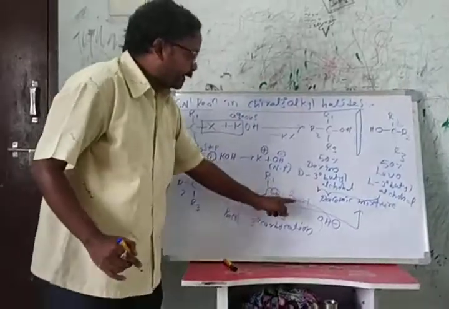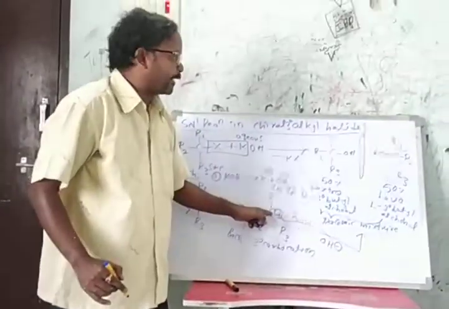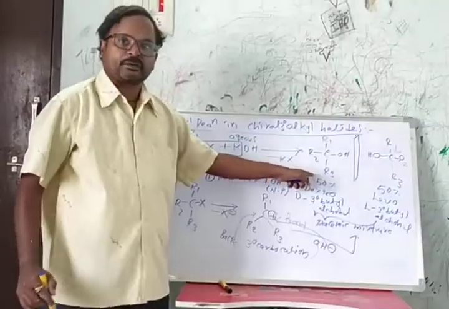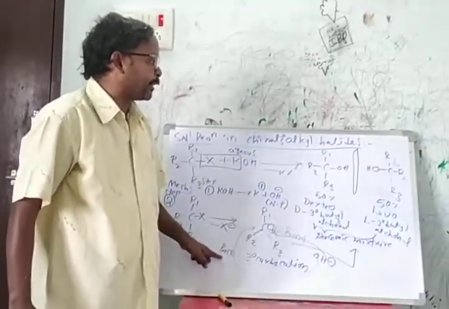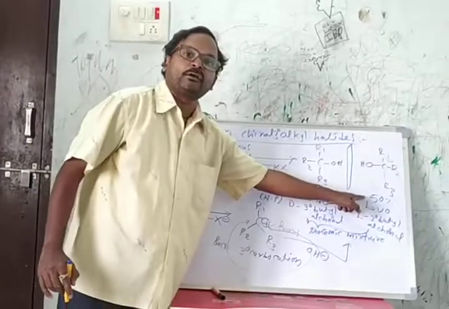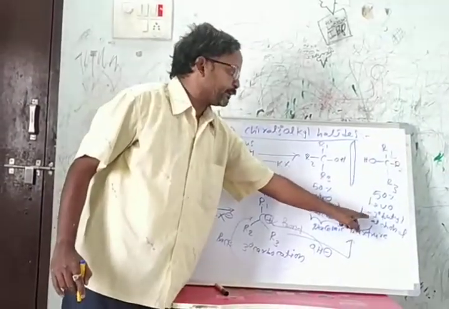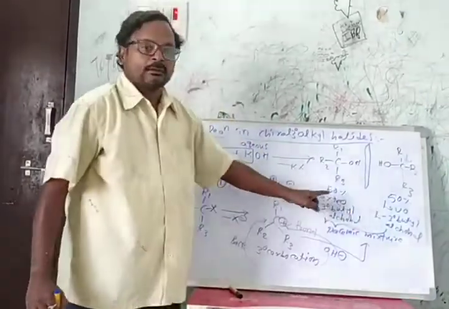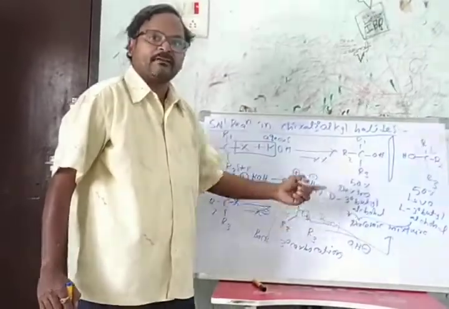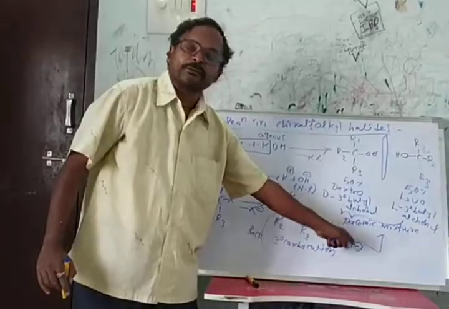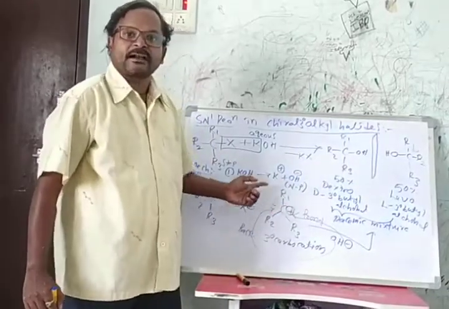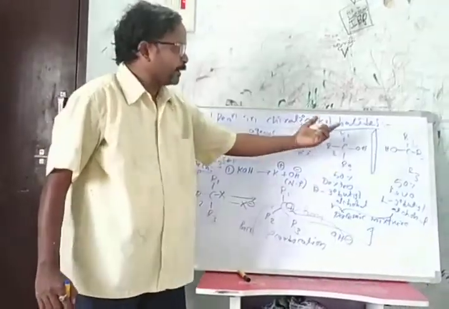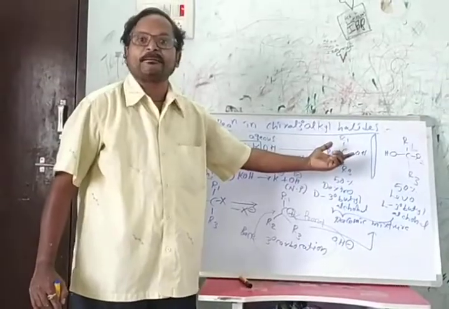When it attacks from the front side, we will get the dextro molecule. When it attacks from the back side, we will get the levo tertiary butyl alcohol. When the OH minus ion, or nucleophile, attacks from the front side and back side of the carbonium ion, it forms the racemic mixture.